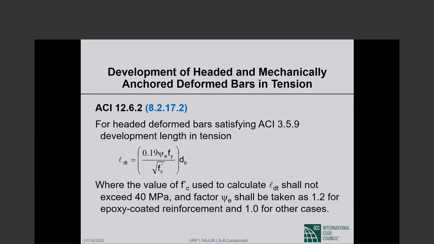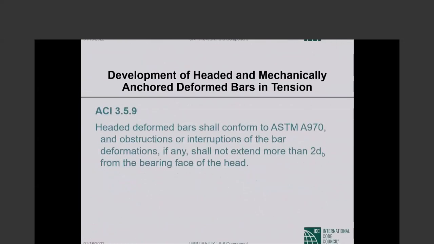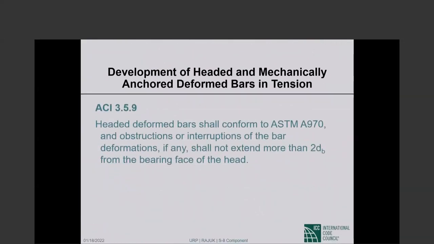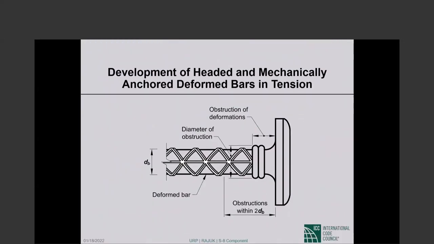The expression is not complicated, not very unlike the other expressions, but there are conditions for using headed bars, and then this additional restriction: in calculating L sub dt, f sub c prime shall not exceed 40 MPa. Obviously, as the concrete strength goes up, the required development length goes down.